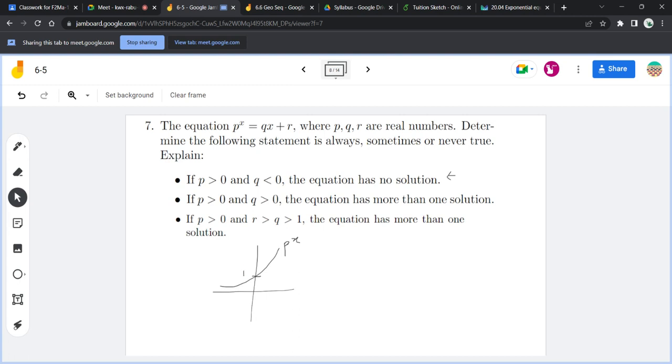We also know that qx plus r is a line. We can draw this line because q is less than 0.